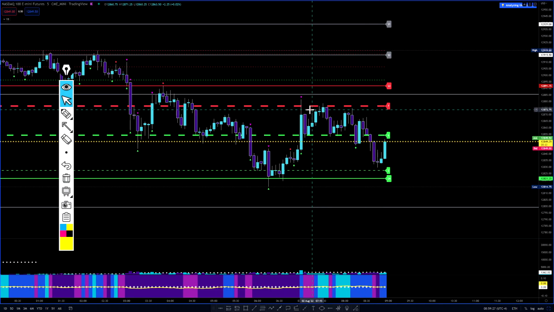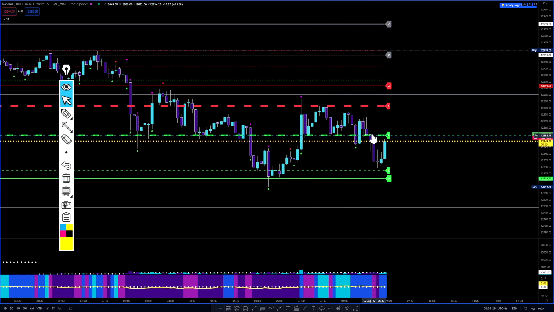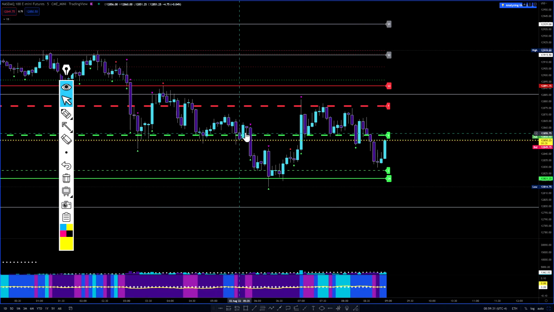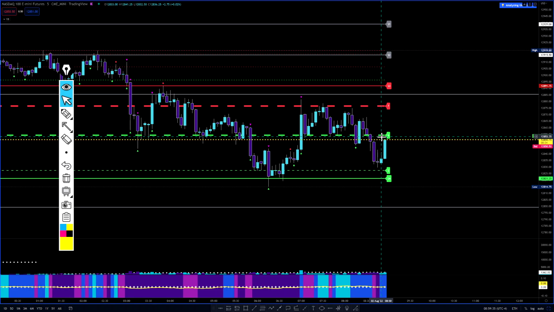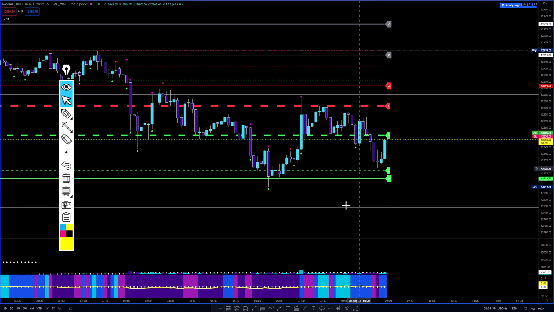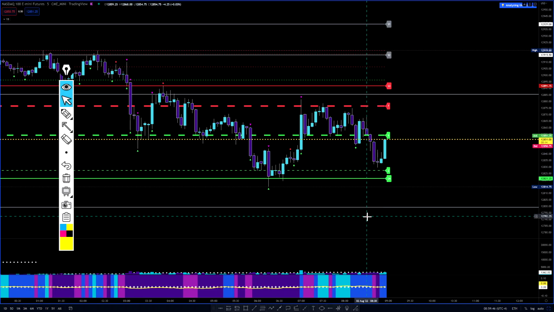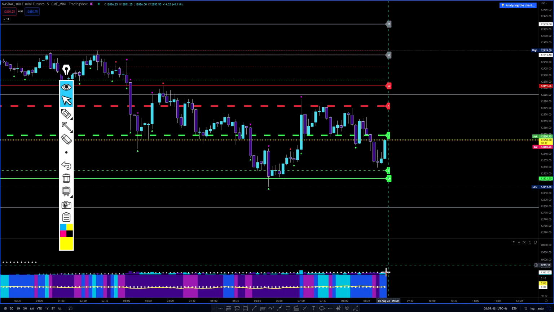And we had some support coming in from this level, touched 6 times at around 12,853.25. So support turning into resistance right now as we peak up bullish. We got some volume coming in there as well.